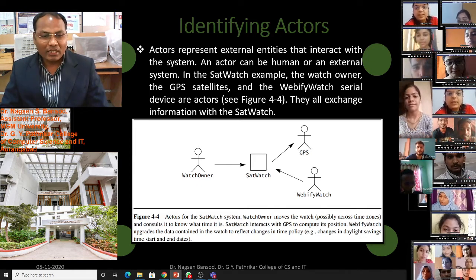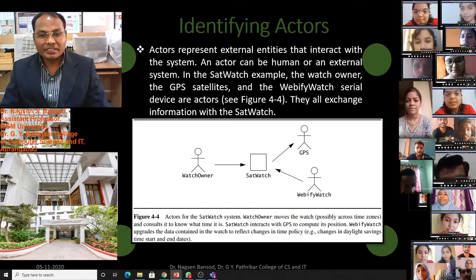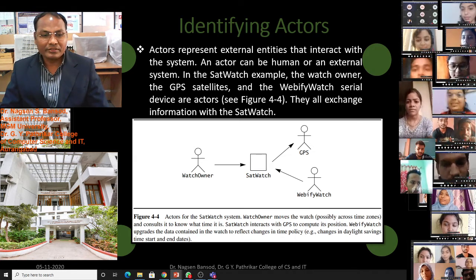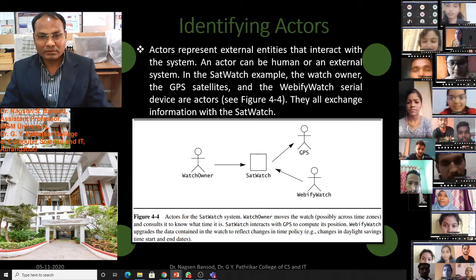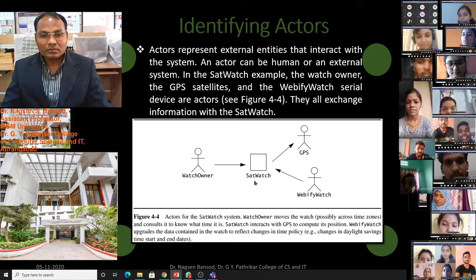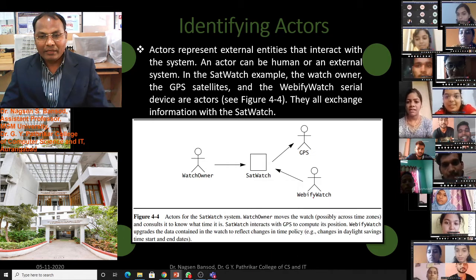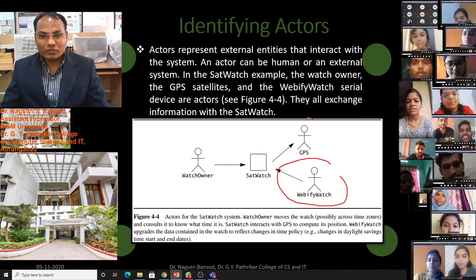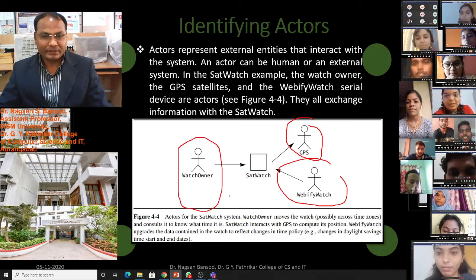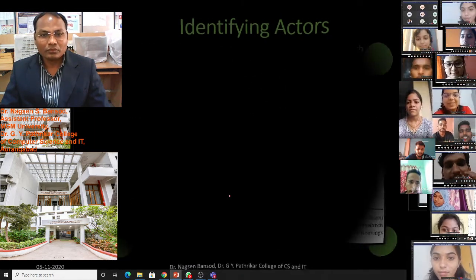Webify watch upgrades the data contained in the watch to reflect changes in time policy, for example, changes in daylight savings time start and end dates. You see watch owner, SatWatch and Webify watch, GPS. All these three are the actors we have identified through this scenario.